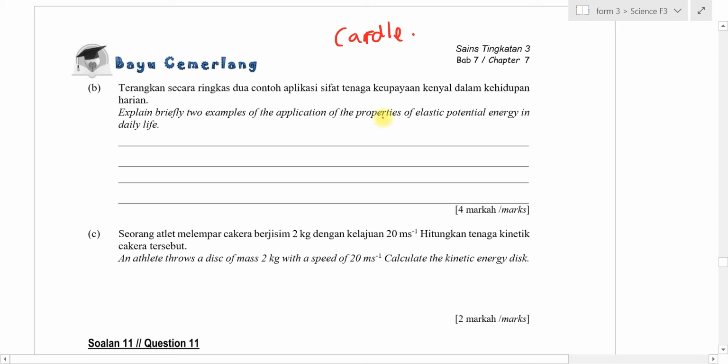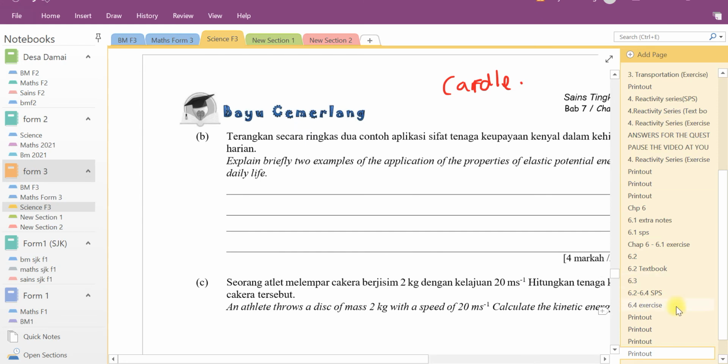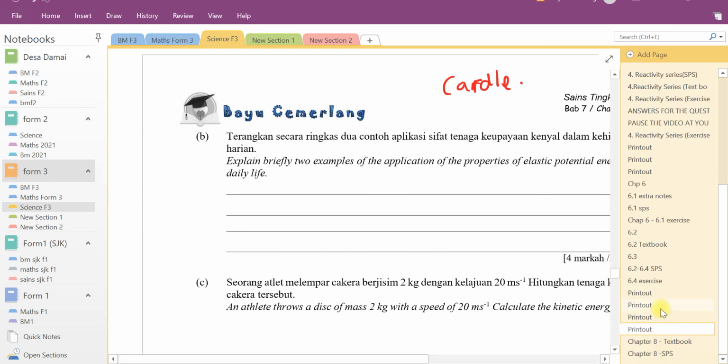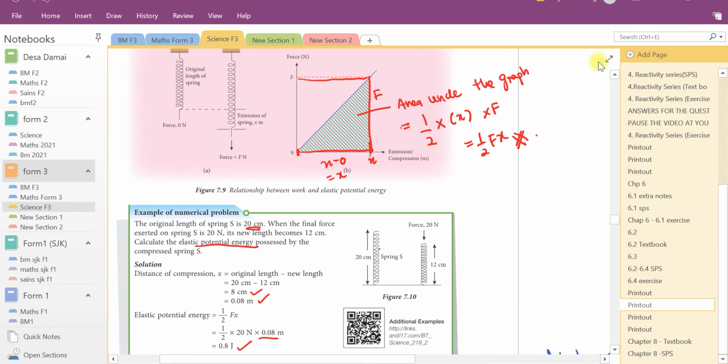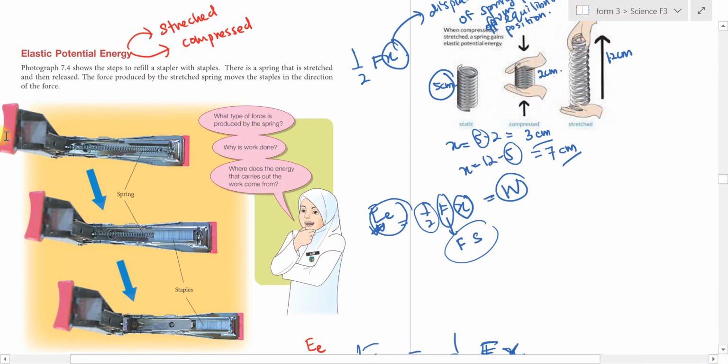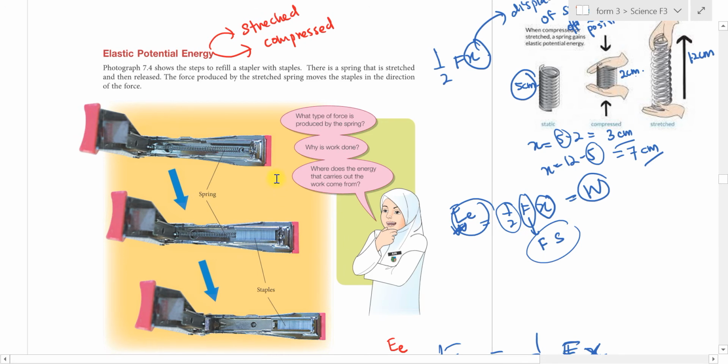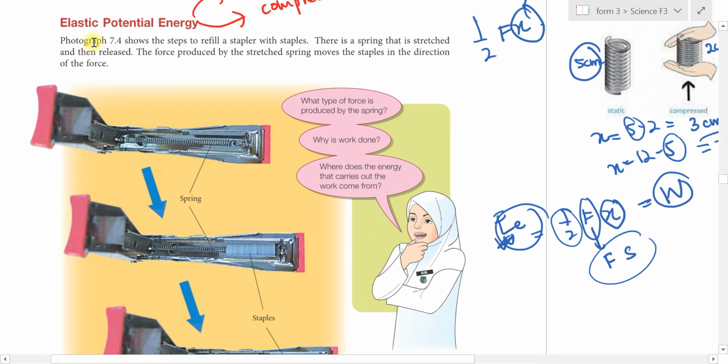Explain briefly two examples of, okay, you are using the stapler, the spring inside the stapler. I'm very sure this one we can find in our textbook. Okay, let's copy from the textbook. Alright, see here. Photograph 7 shows the step to refill a stapler with staples.